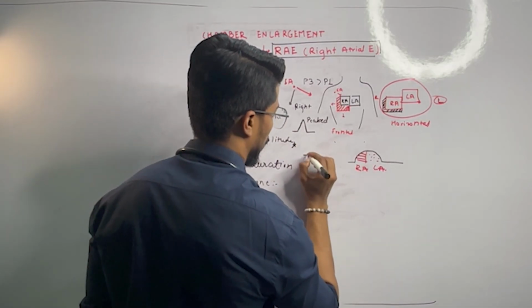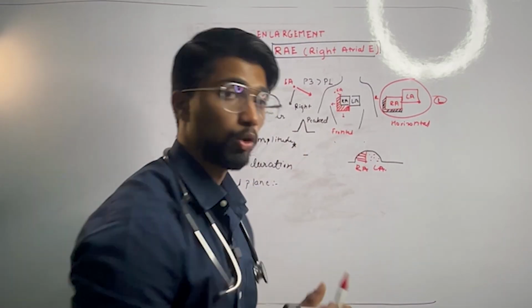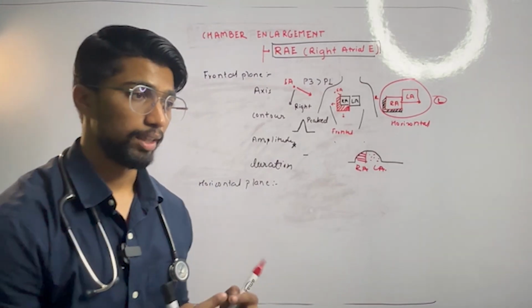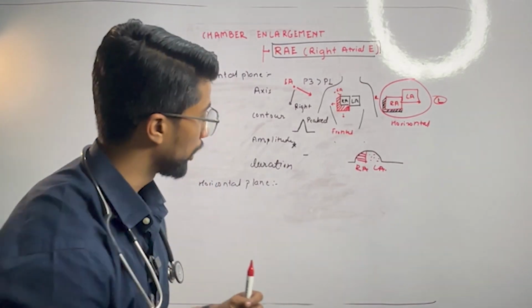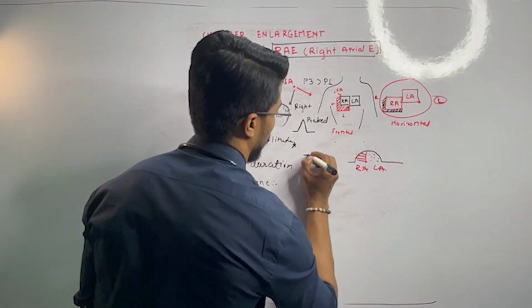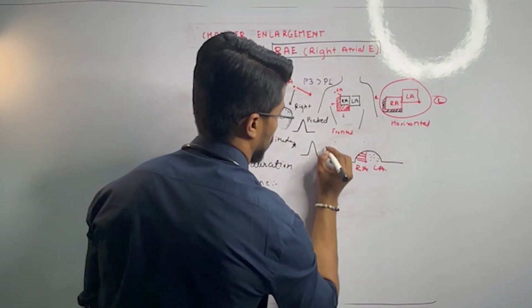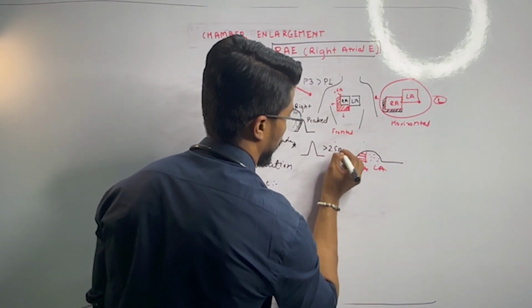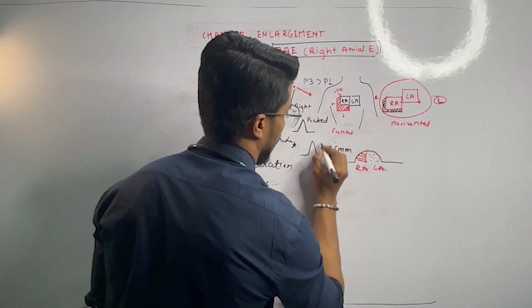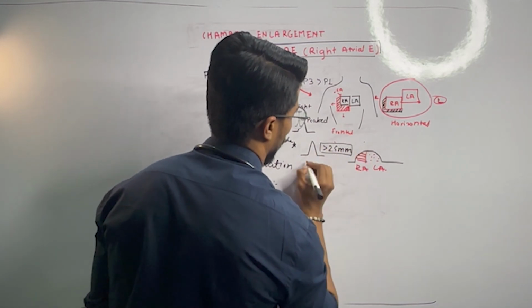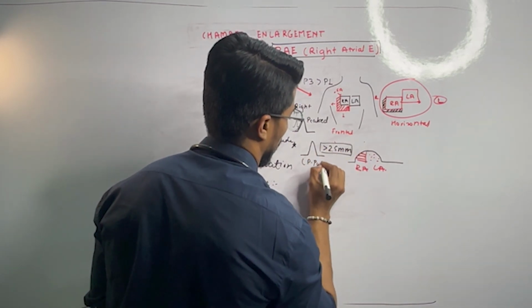The amplitude of the P wave increases. Normal amplitude of the P wave is less than 2.5, so that is the differentiating factor, because the P wave amplitude increases to more than 2.5 mm when there is RA enlargement. And this is what we famously call P pulmonale.